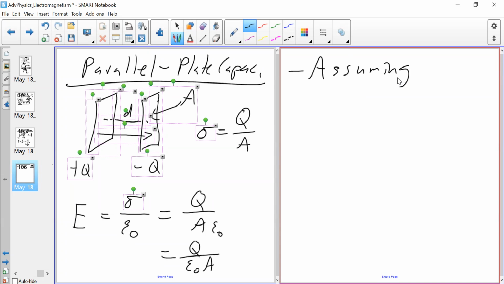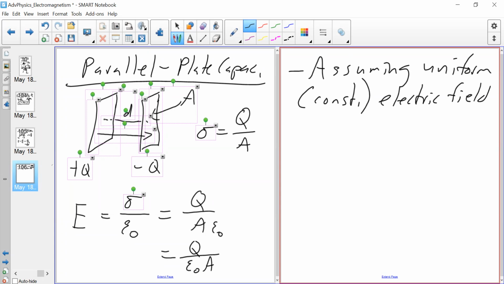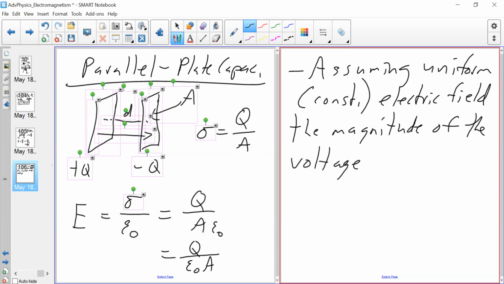So assuming uniform, that is a constant electric field, the magnitude of the voltage, delta V equals field times distance.